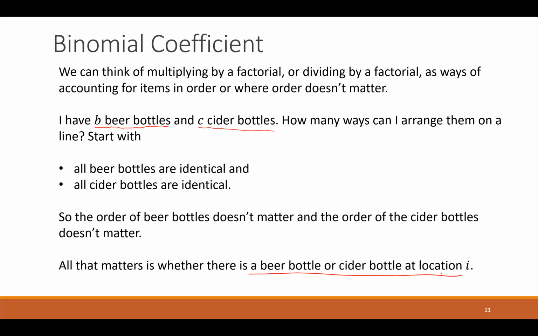All right. So all that matters is, this problem, we all understand what we're trying to count here, the number of distinct arrangements where we don't care if two beer bottles are swapped, that's the same thing.